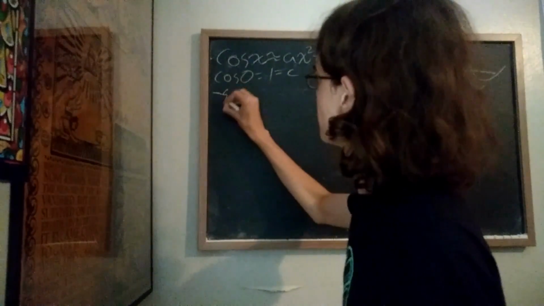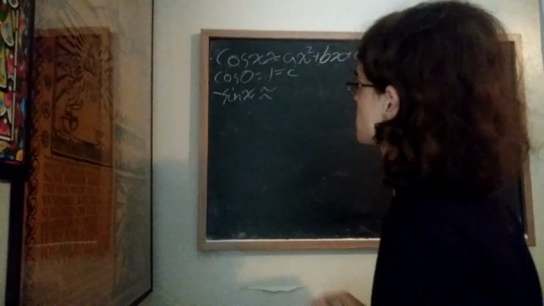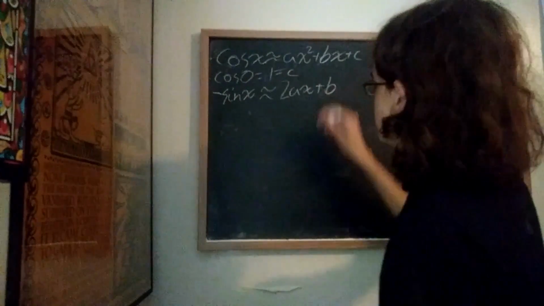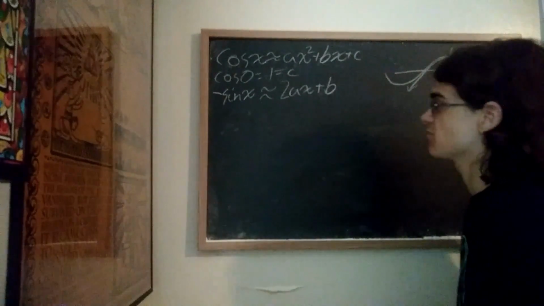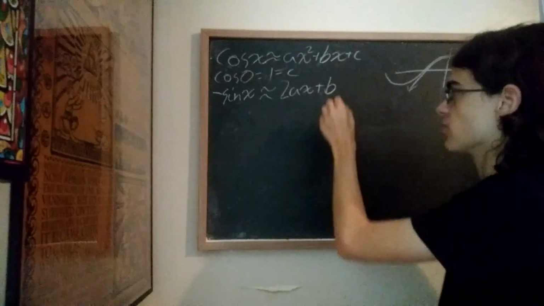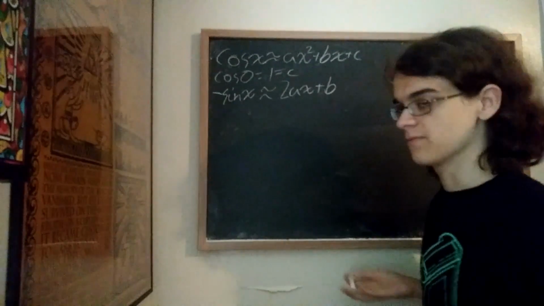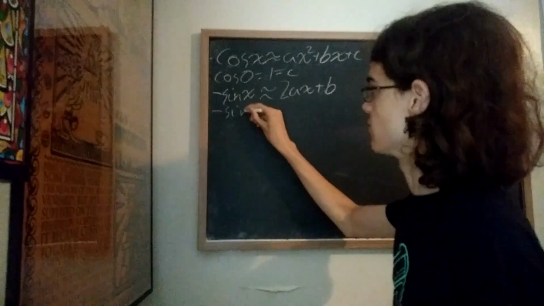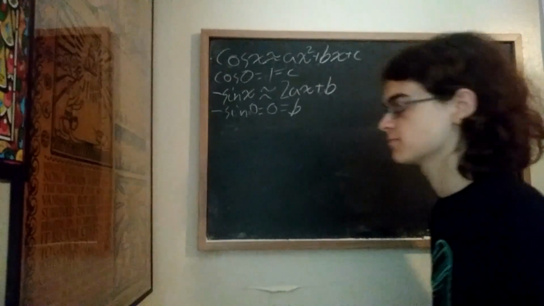On the left side, we get minus sine x, and this is still going to be approximately 2ax plus b. Now, if we set both sides equal to 0, we cancel out the previous terms, and we're just left with the b coefficient. So this is a pretty easy way to find b. If we set both sides equal to 0, we get minus sine of 0, which is just 0, is exactly equal to b.